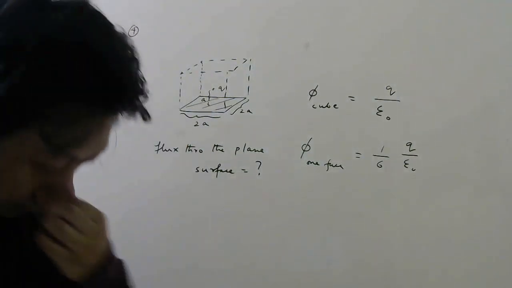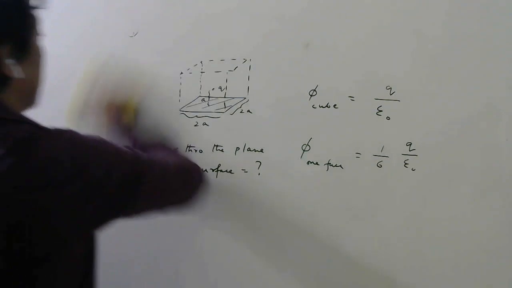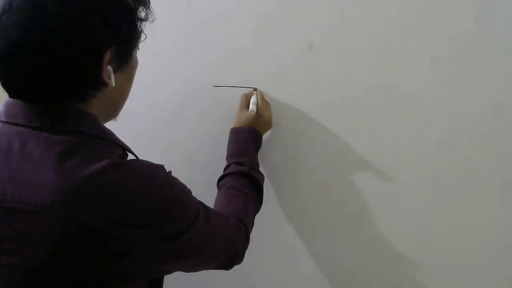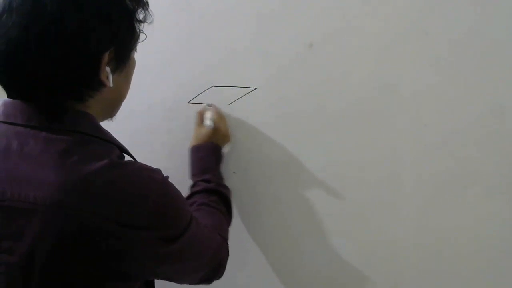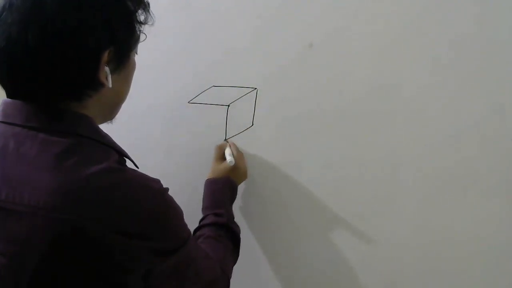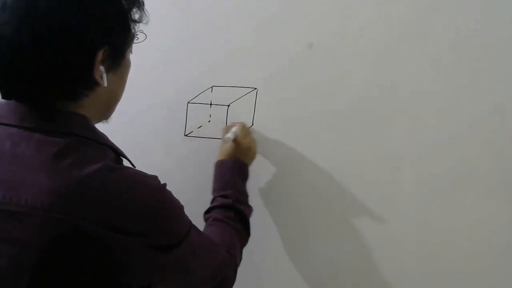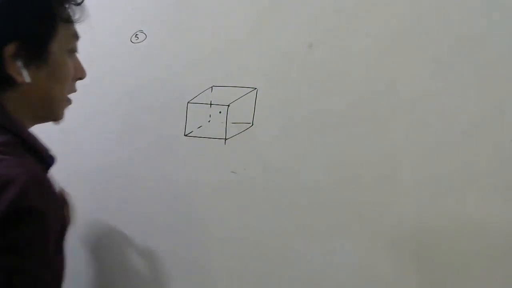Okay. Let us do the next problem, question number 5. I'm doing many problems, so please try to remember and practice. Okay, keep writing, keep practicing. Fifth one, you see. So I give you a cube and I keep a charge at the center.